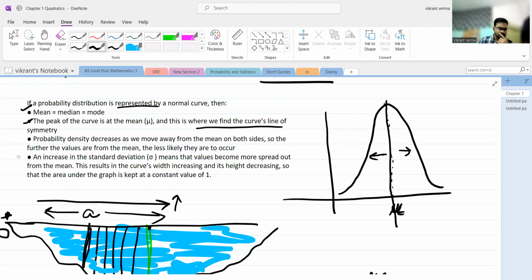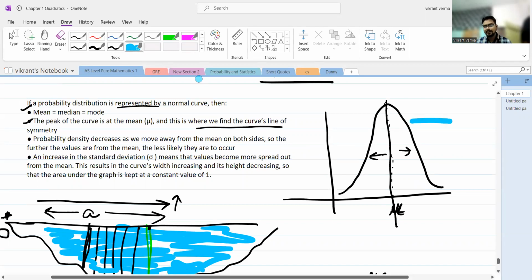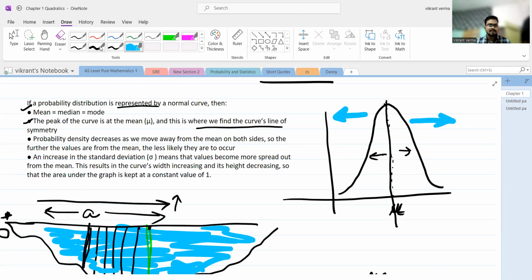The third point is that probability density decreases as we move away from the mean on both sides. If we move in this direction and in this direction, the probability decreases, because the probability is nothing but the area under the curve.